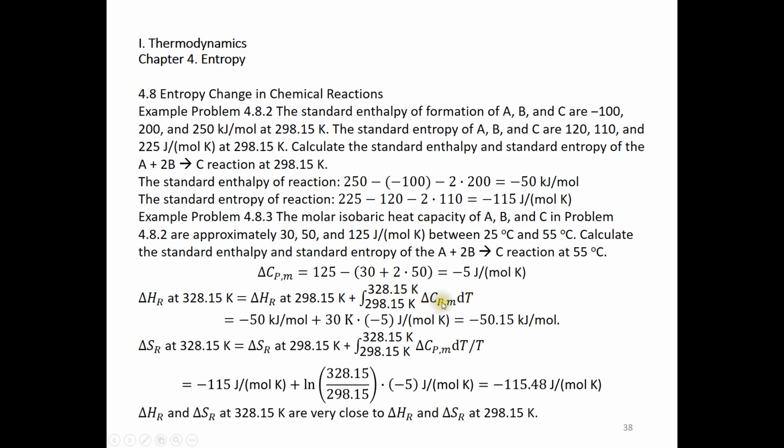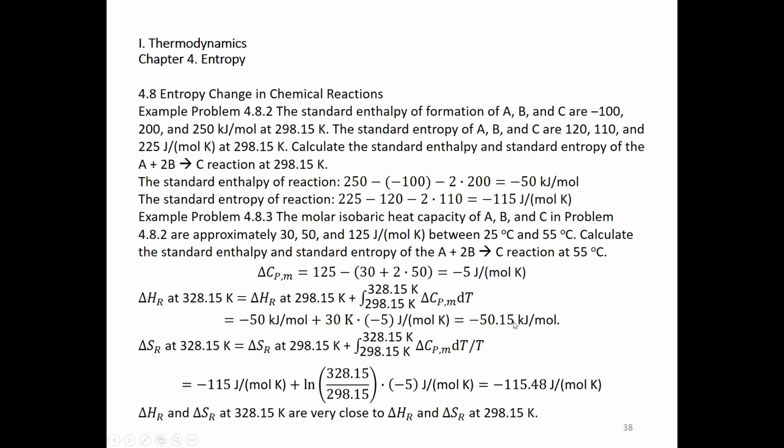We have delta CPM, negative 5 joule per mole K. We integrate this, and here we have the result, negative 50.15 kilojoule per mole. Note that the enthalpy of reaction at 55 degrees Celsius is negative 50.15. The enthalpy of reaction at room temperature is negative 50. These two are awfully close to each other.